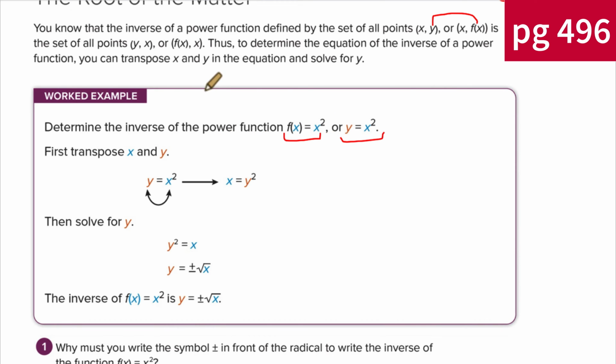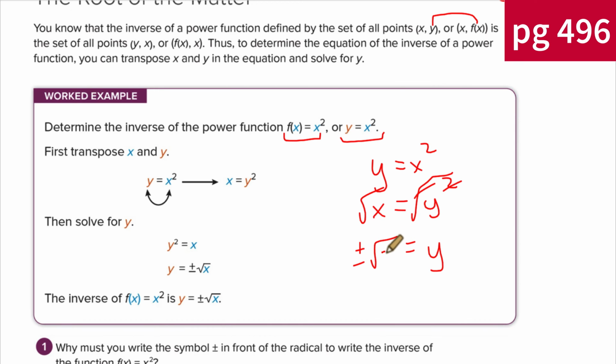If we want to find, I'm just going to work it out, even though it's the same, the inverse, we take the function and then we switch x and y. So it becomes x equals y squared. But now we have to solve for y. And this is where those plus minus things came in. When we take the square root of both sides, when you take the square root of a squared, we have to include a plus minus on the other side.